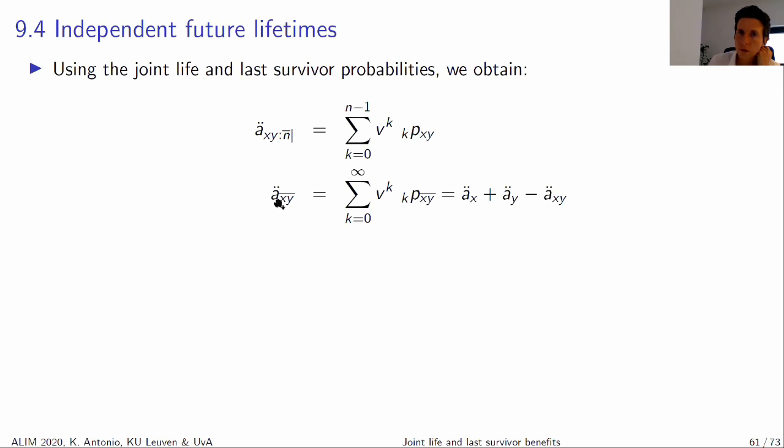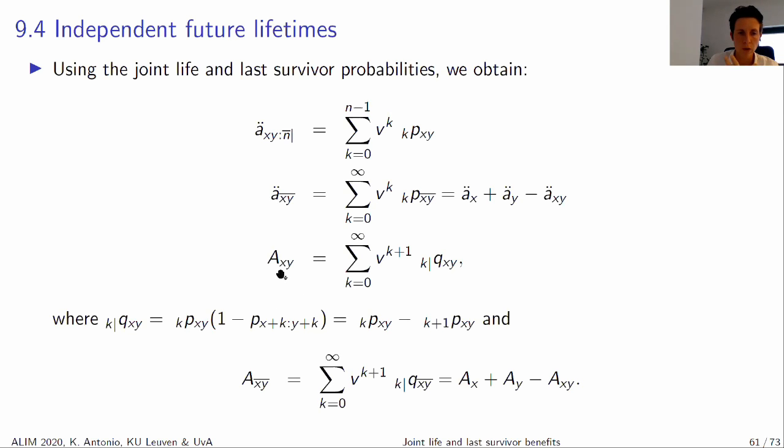This is a whole life annuity, so there is no restriction here in the duration of the annuity. And if I look at an insurance product, for instance, if I look at A_xy, that would be a joint life insurance product. It would pay a benefit of €1 at the moment that the joint life status ends.